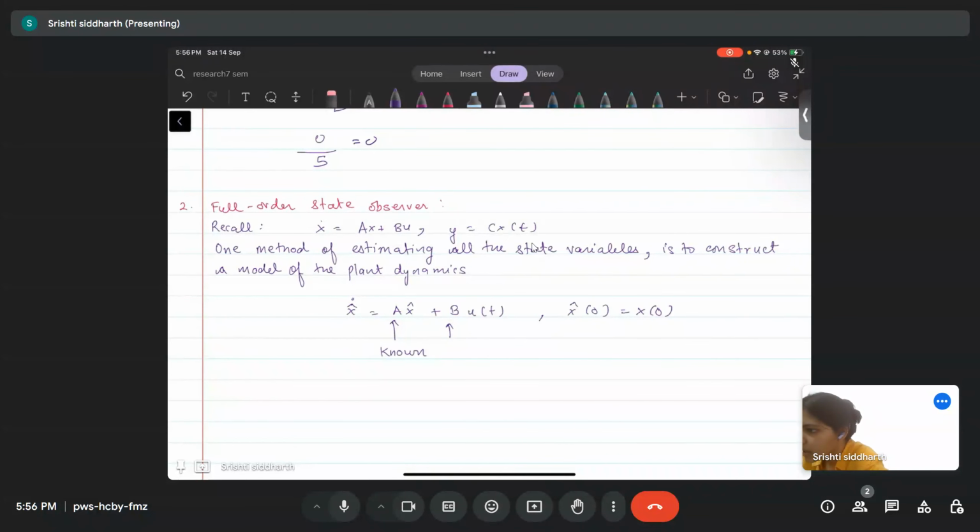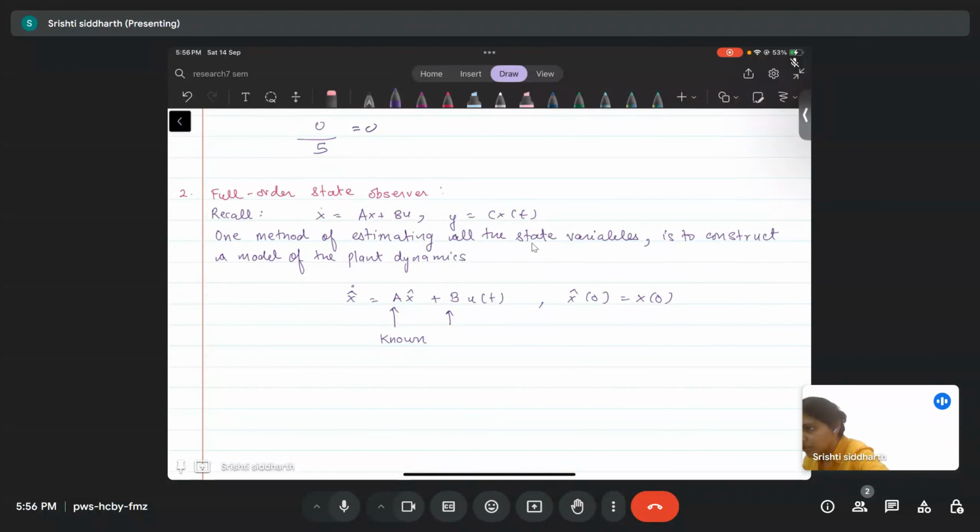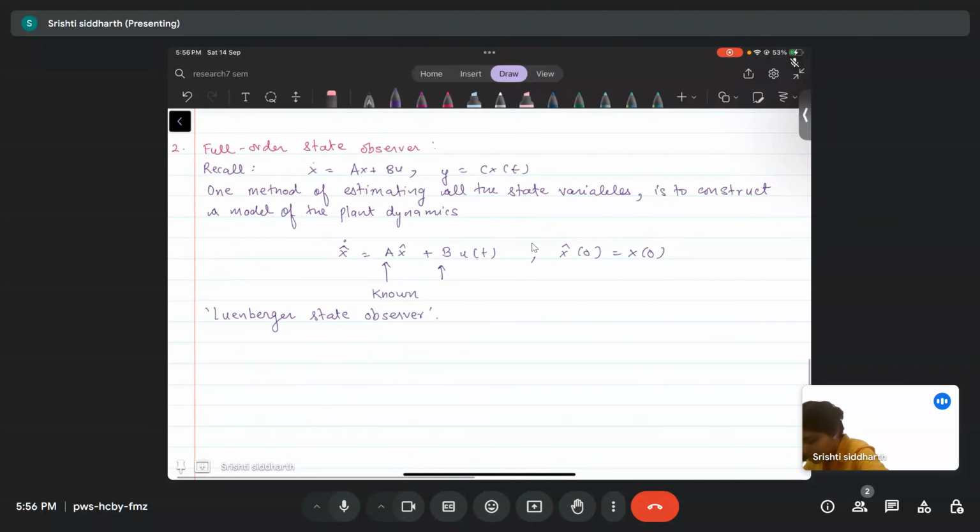All right. So if we have this dynamics, we have a scheme known as the state observer, in which we include some extra terms in the estimator dynamics.